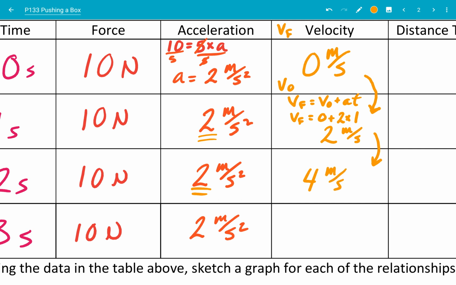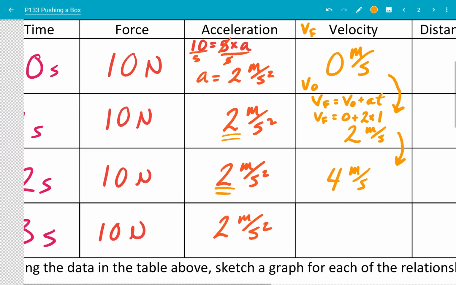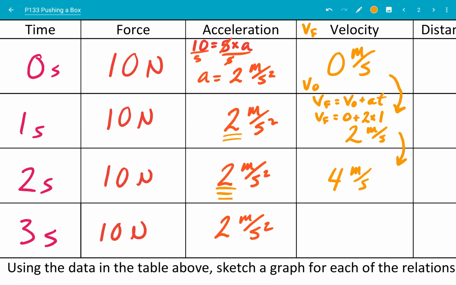We could calculate that using the formula above and do acceleration times time. So that's 2 meters per second squared times 2 seconds, which gives us 4 meters per second. And again, since we're speeding up 2 meters per second every second, after 3 seconds, we'd be going 6.